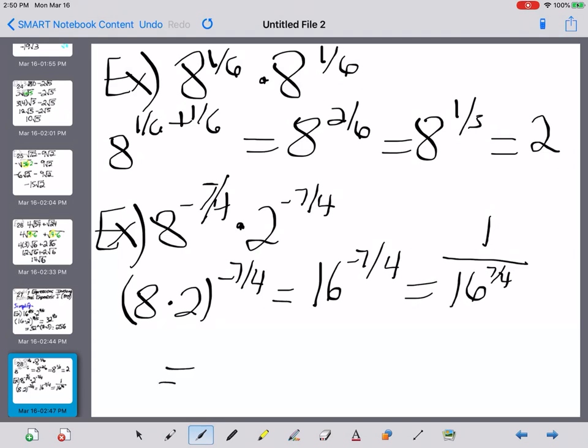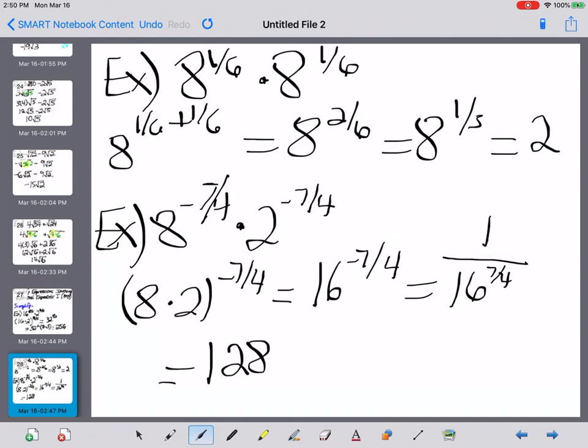And, again, I'm kind of moving fast because this is similar to what we did in IXL M2. So if I just typed in 16 to the 7/4, I get 128. Okay. So really not that bad, was it?